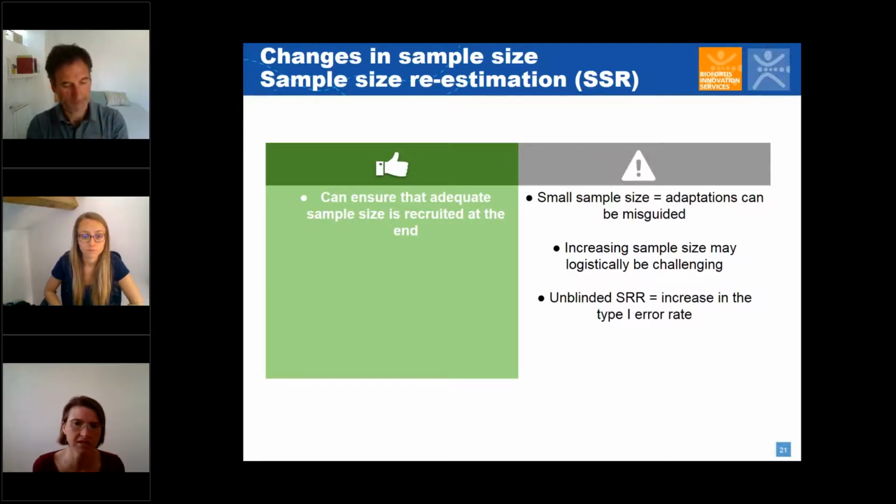This could result in substantial increases in the number of subjects and the risk of incorrectly modifying a trial that was initially planned correctly. Of course, increasing sample size may be financially and logistically challenging. And finally, unblinded sample size re-estimation needs a statistical adjustment for the final study analysis to protect against the increased risk of a false positive conclusion.